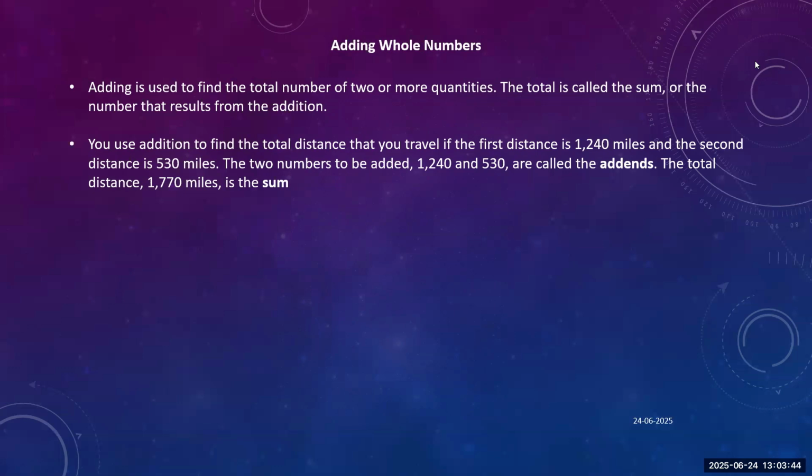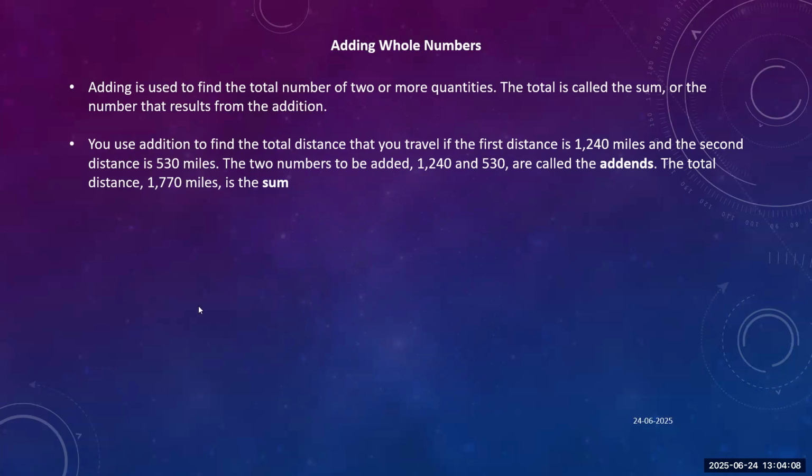The figures that are being added are called the addends and the total is called the sum. If you are traveling 1240 miles and then 530 miles, 1240 and 530 are called addends and the total is called the sum.